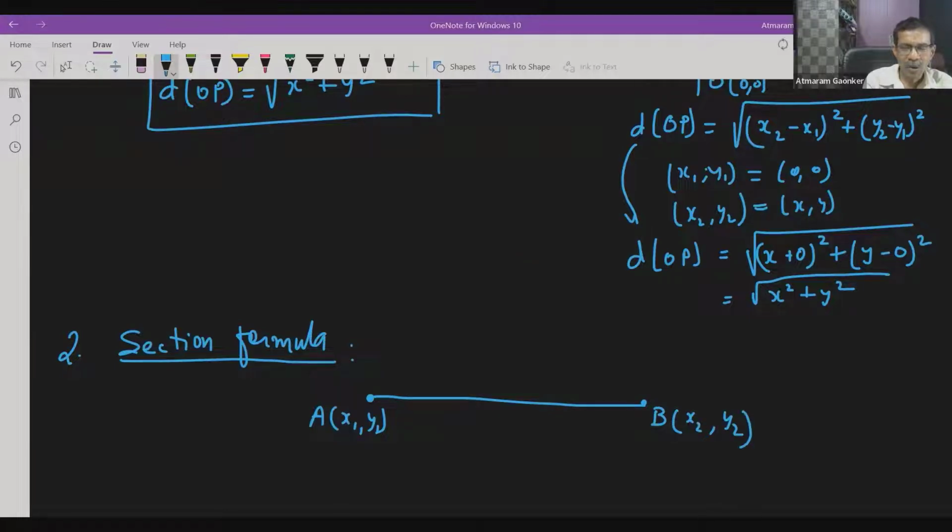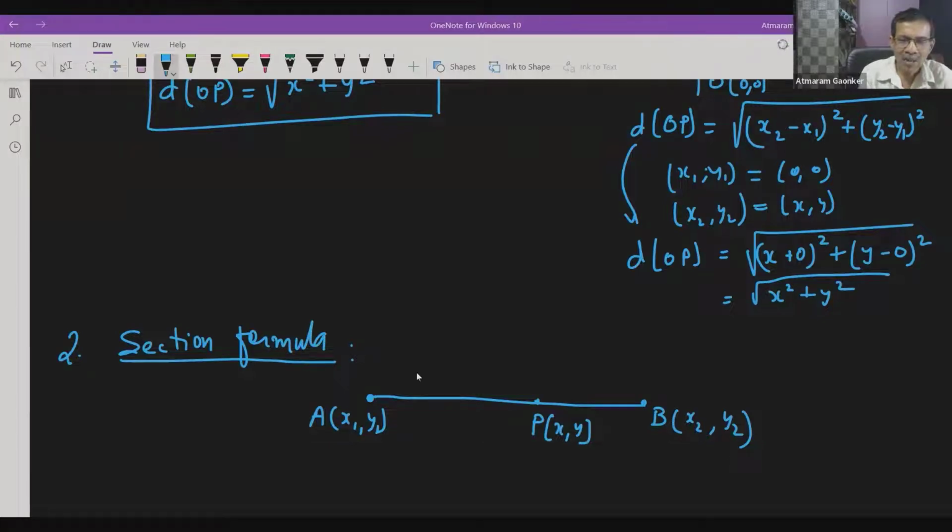These are the coordinates of point A and point B. And then the line is divided into two parts by a point P, and let this point be x, y.